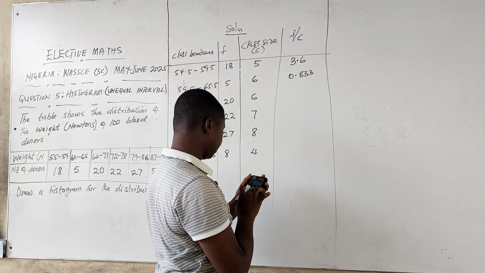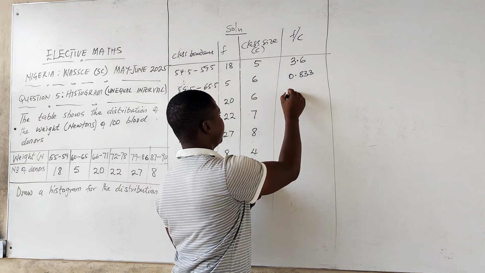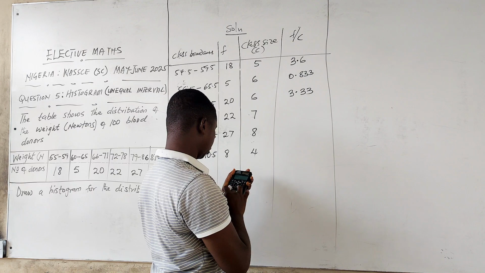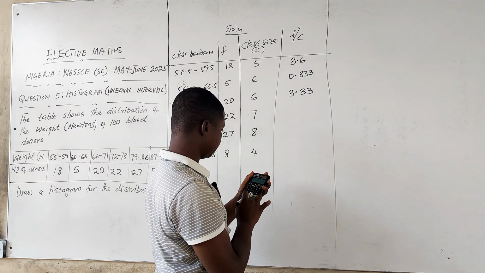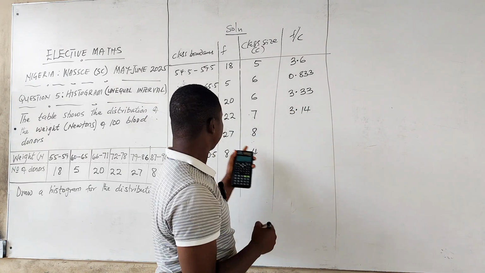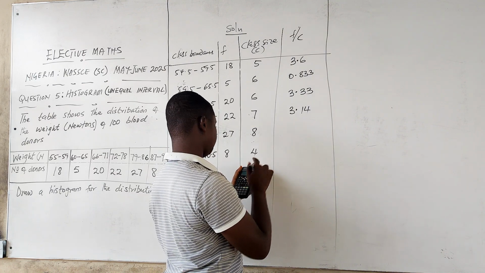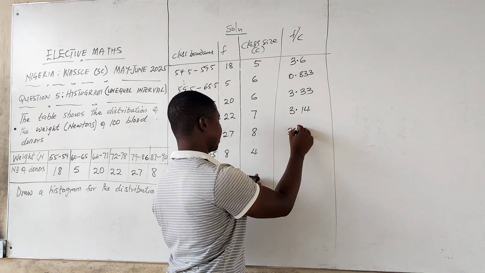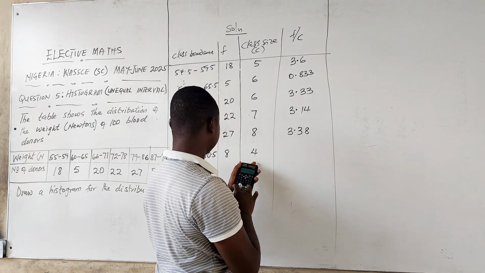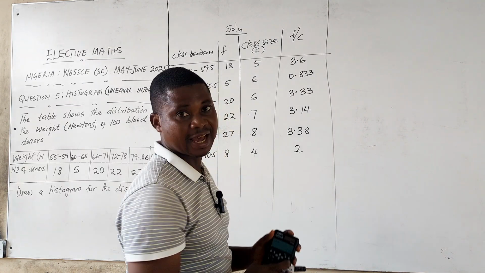Next one, 20 divided by 6, and we have 3.33. Then 22 divided by 7, we have 3.14. Next one, 27 divided by 8, we have 3.38. Then the last one, 8 divided by 4, we have 2. So this is our table.